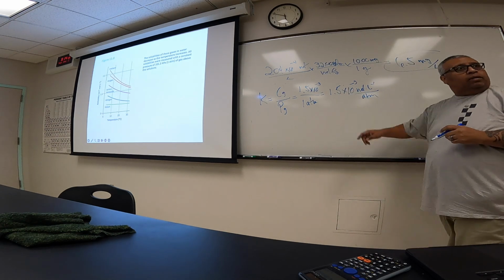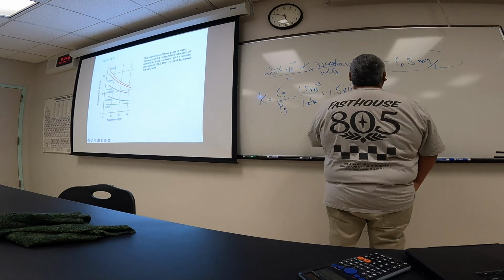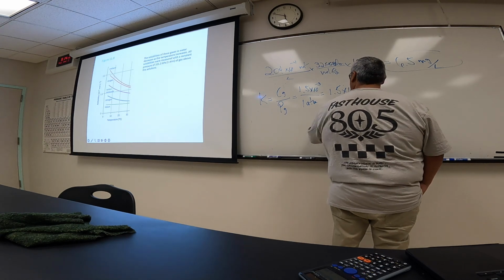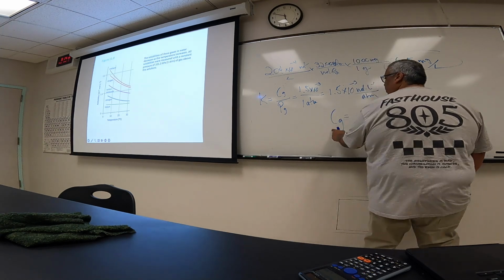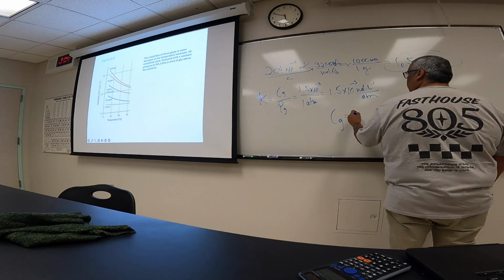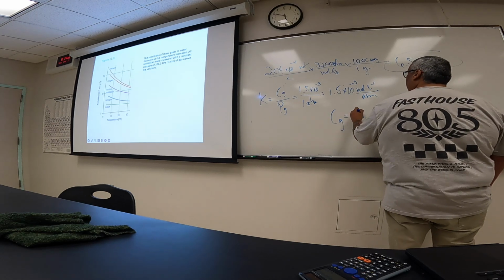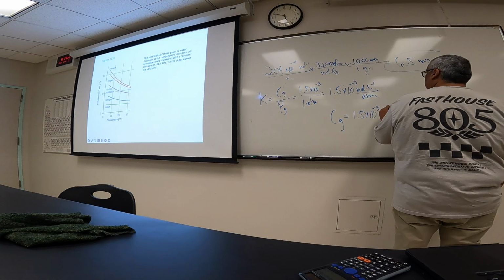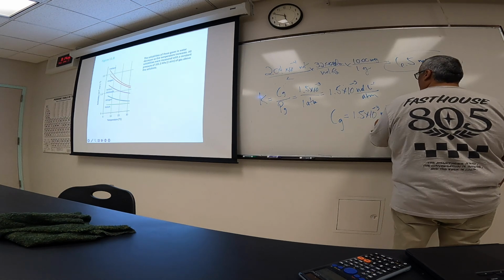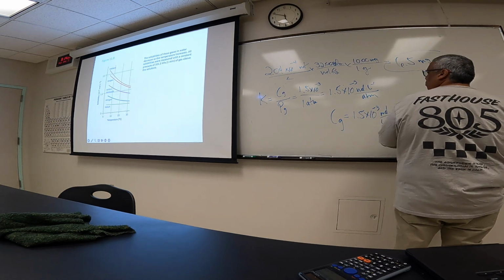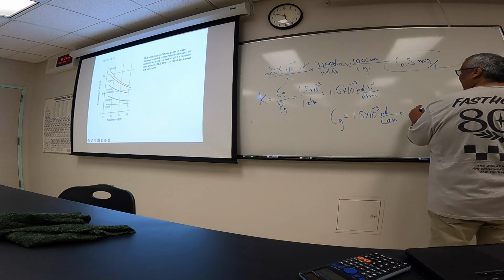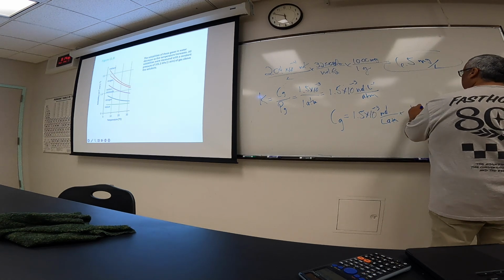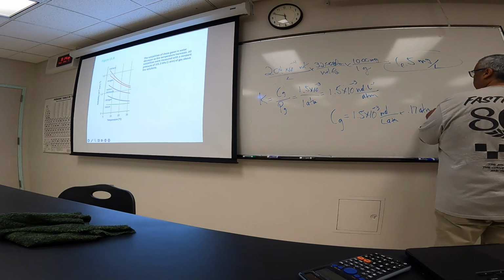So this is K. So at 15 degrees Celsius, the solubility of gas, oxygen, is going to be 1.5 times 10 to the minus 3 moles per liter atmosphere times 0.17 atmospheres.